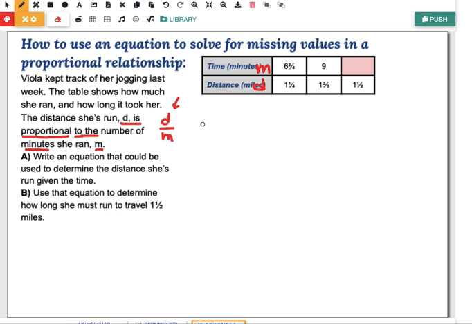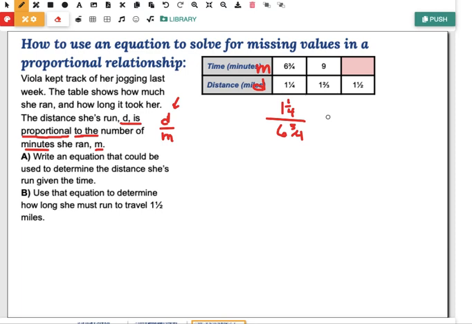Okay, so I need to determine what the constant of proportionality is, which is synonymous with the unit rate. So what I'm going to do here is write 1 1/4 over 6 3/4. Now it should be the same for each column, so I'm not going to go ahead and use the second one.